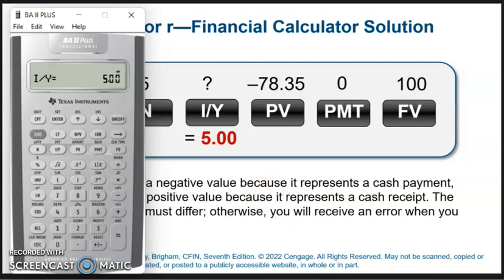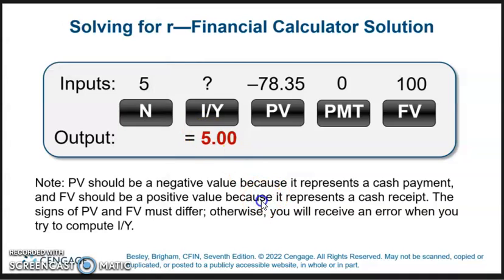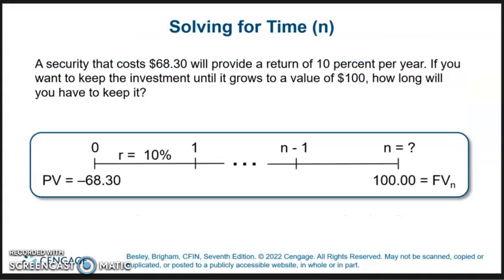So we can also solve for time. As I said, if we have any 4 of the 5, we can solve for the 5th. So we can solve for the rate, we can solve for N, we can solve for the PV, the payment, or the future value. It depends on which 4 we have. So we can solve for time.